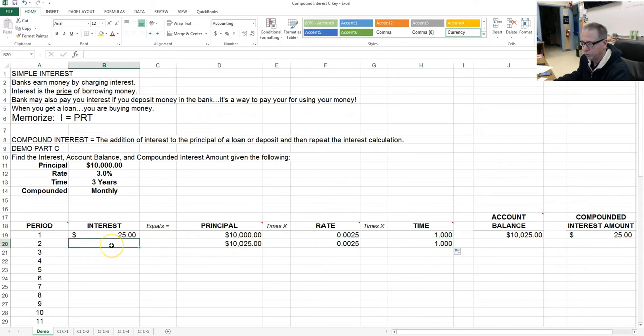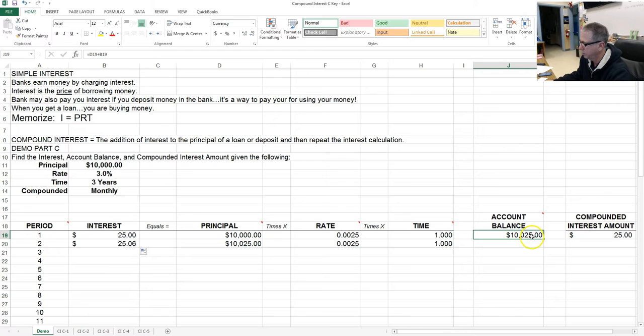And the interest rate formula, we can now copy. Let's see how that works out for us. That looks good. And the account balance, we can copy that one. Simply the principal plus the interest. Double click it, and there it is, to make sure it's working properly.